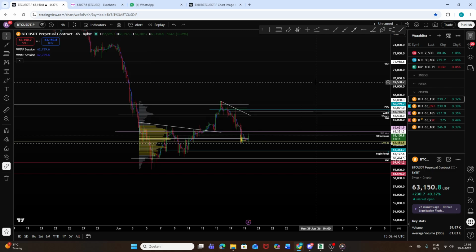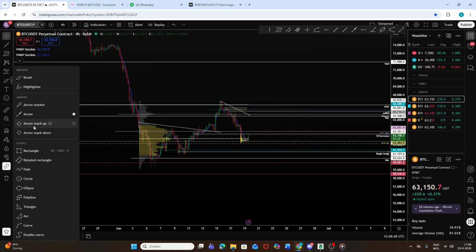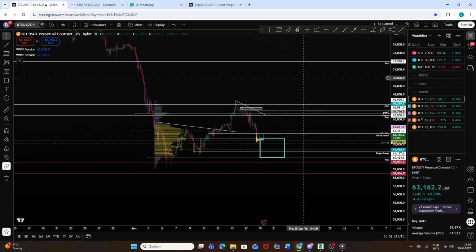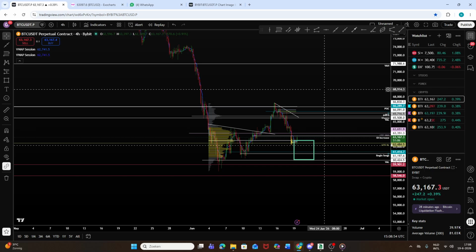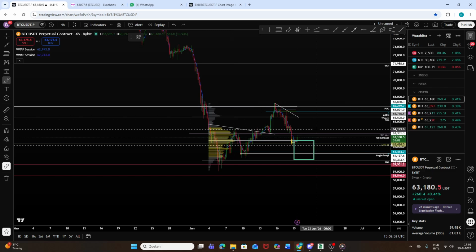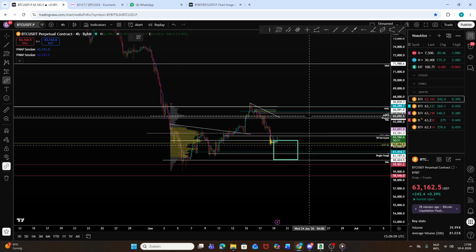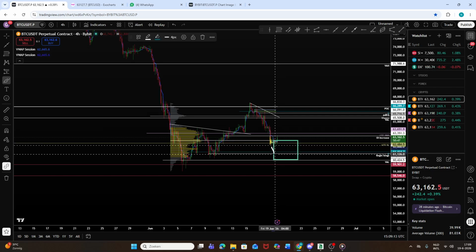But it's difficult. I view this whole area as support, but how can we translate this into a trade? Currently, how I would approach this one, and you can see my approach is different every time. It just takes so much experience to be able to differentiate between approaches in trading. So my approach here will be, I want a sign of strength.